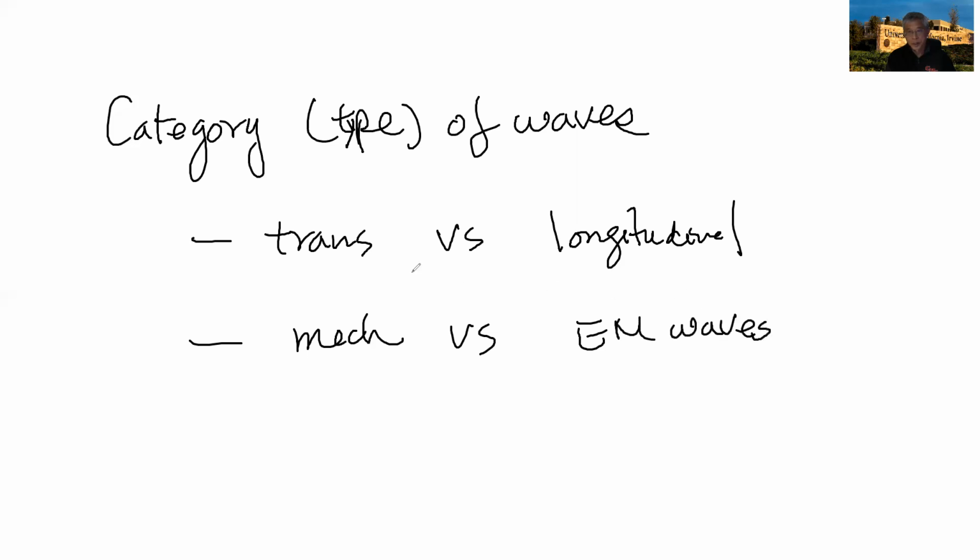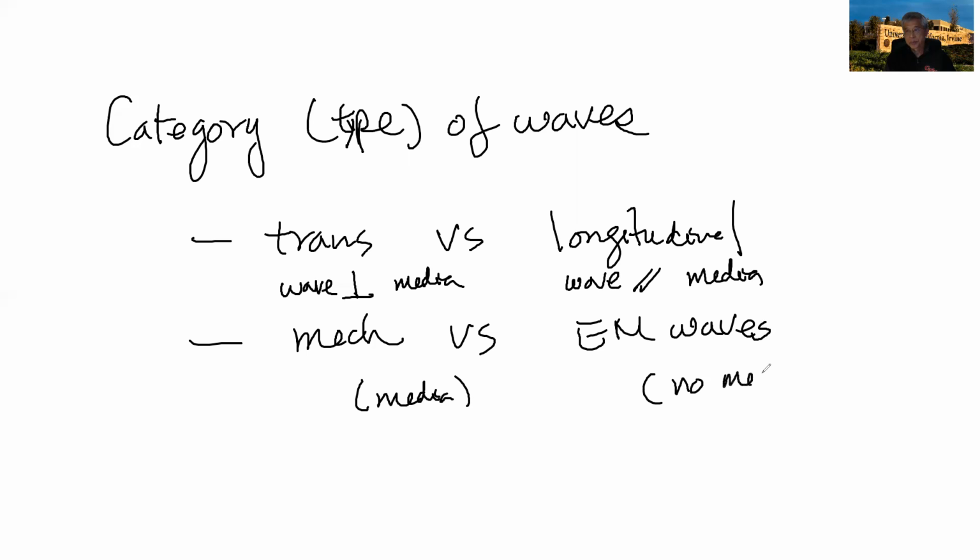This one here is 90 degrees, the wave and the media. And this one here is parallel, the wave motion and the media motion. And this one requires media, and this one says it's no media. All right, so that's the summary of it.